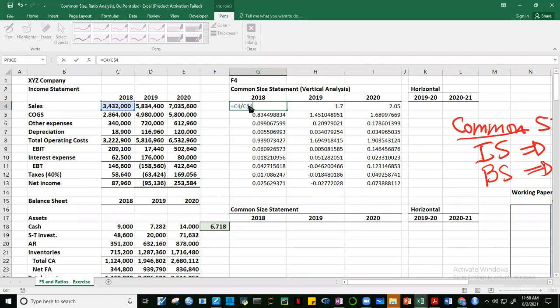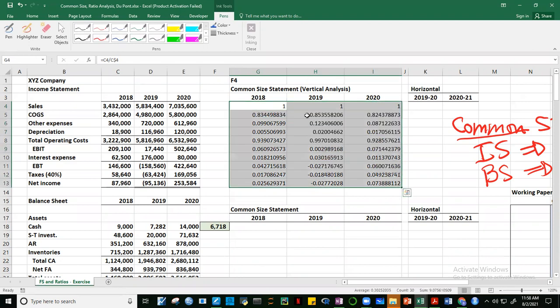Yan ang gamit ngayon ng using the absolute $sign. Ibig sabihin nitong $4, hindi siya aalis sa row 4. So pag pumunta ako dito, pupunta siya sa D, gagalaw siya, aalis siya ng column kasi hindi naman nakafix yung column C natin. Pero pag kinopya ko siya pababa, hindi siya aalis sa row 4. Nasa row 4 lang siya, which is really what we want. So control enter and then we can copy this now. Yan. Okay?